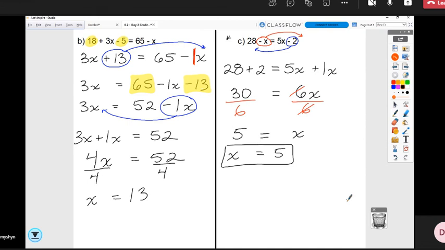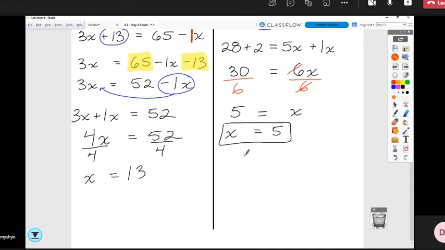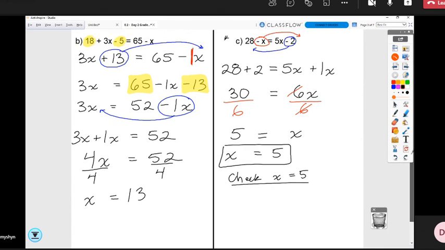Okay, I'm just noticing what I haven't done here is I haven't checked. So let's maybe check just this one over here. Let's check x equals 5. Scroll up a bit. 28 minus 1x equals 5x minus 2.